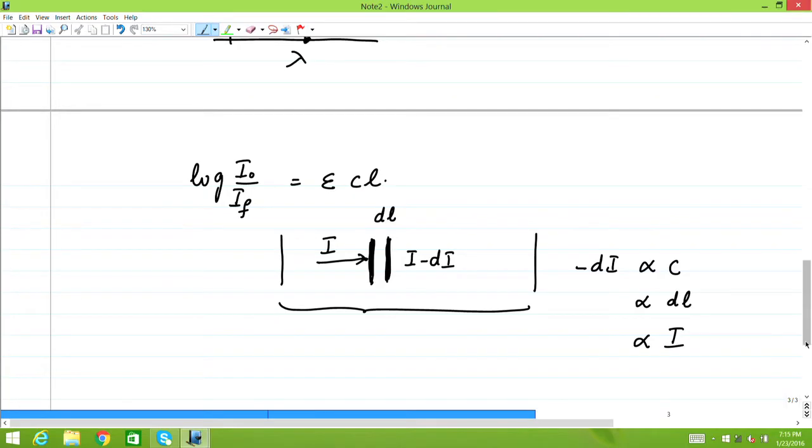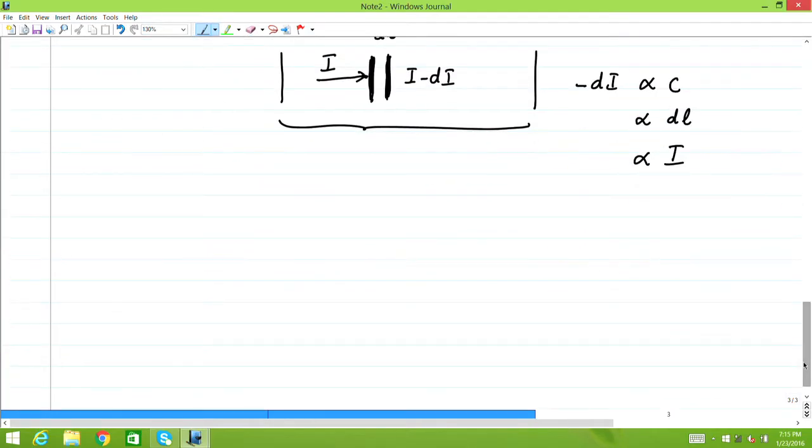Therefore, the linear law simply gives you minus dI is some constant, which I will write as kappa, some k times c times dl times I, and so you can write minus dI by I is kappa, a constant, times c dl.